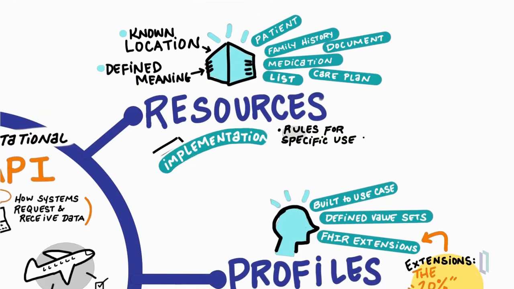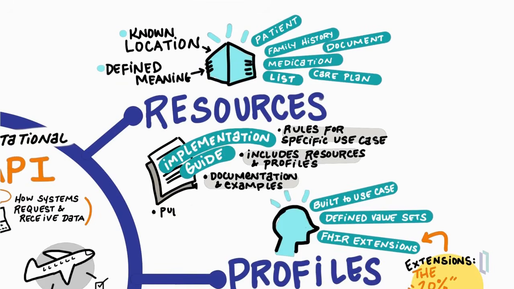That brings us to the end game of FHIR, and that is the FHIR implementation guide. Now, the FHIR implementation guide is actually a FHIR resource that specifies how you construct this resource, how the data in this resource is represented.